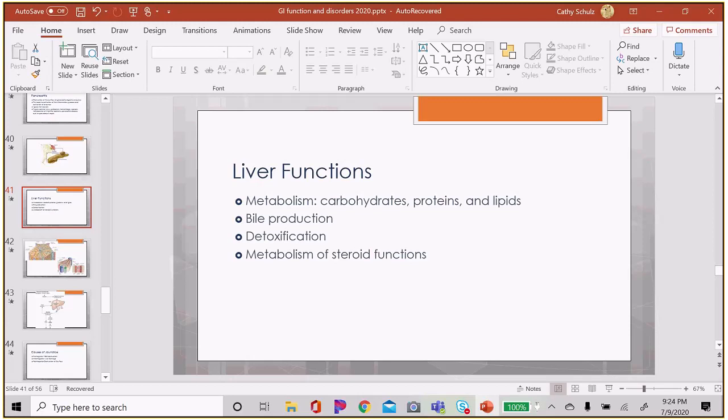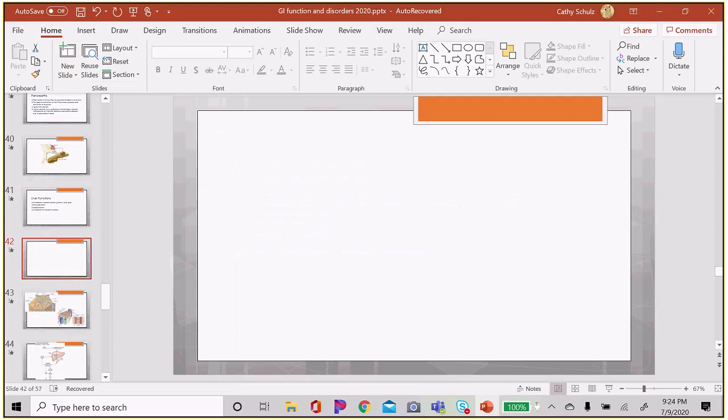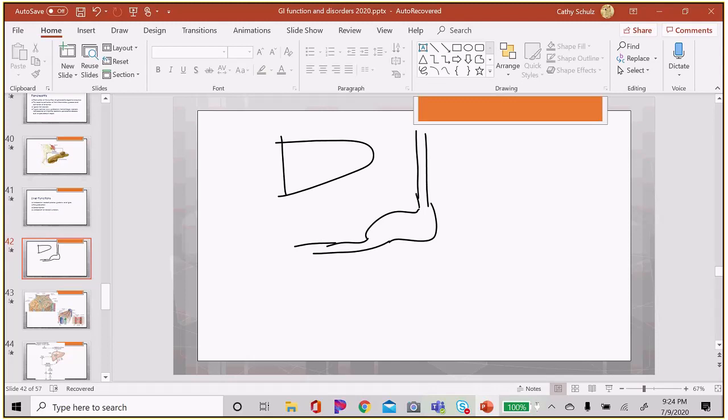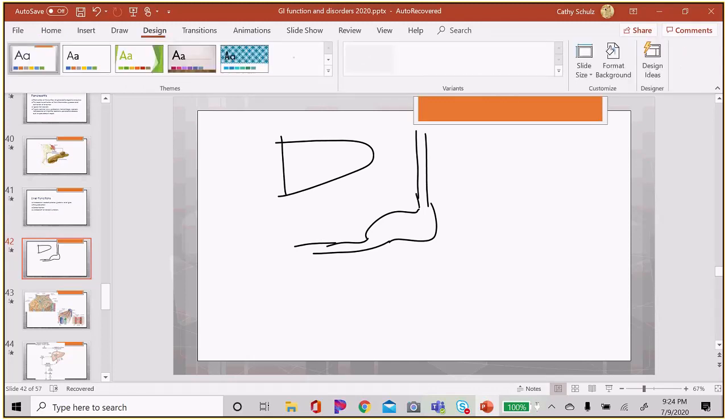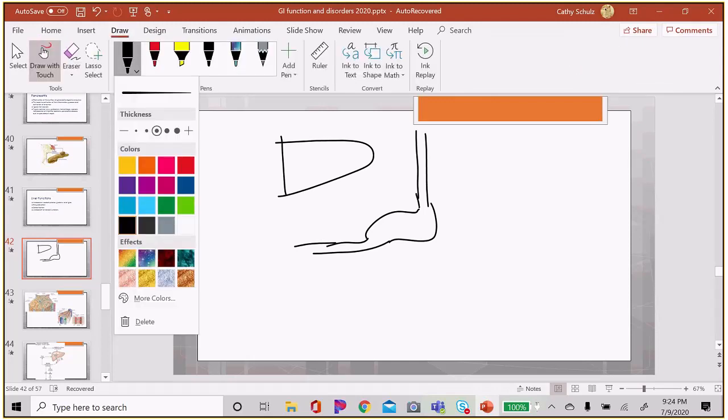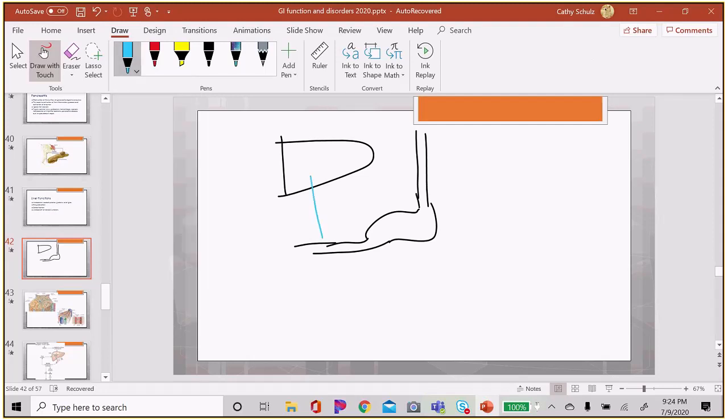It saves us from ourselves because there is a portal circulation between our stomach and our small intestine, and our liver would be right here with its ducts. But the other thing it has is a set of veins that communicates between the liver and the small intestine only.